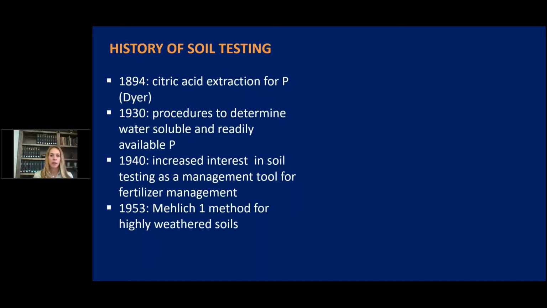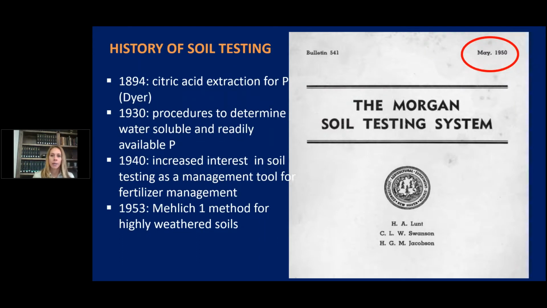Farmers wanted to be able to test their soil so they could do better planning in terms of fertilizer management. And even some of the current methods that we use, for instance Mehlich-1, were developed and established in the 50s. So when you look at some of these bulletins and publications, they date back to the 50s. So for a number of years, this has been a very important topic in soil science.